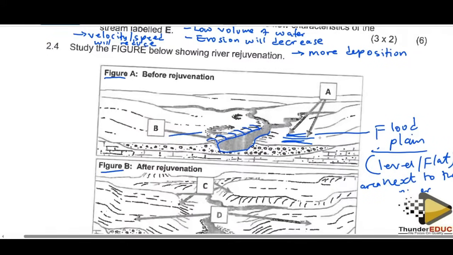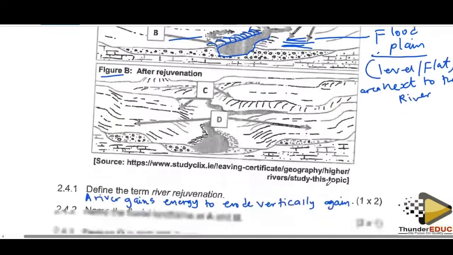But here, there is a rise at this particular point. And that rise is what is referred to as a levee or a natural levee. That is a natural levee.